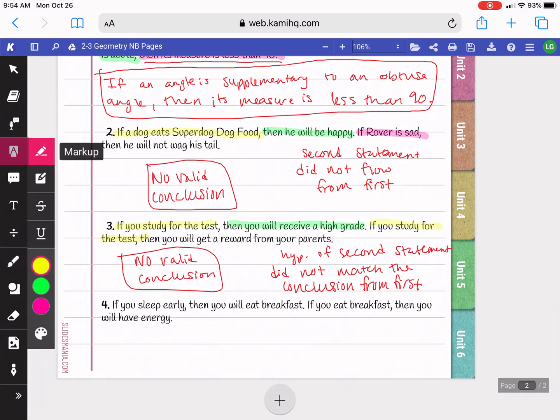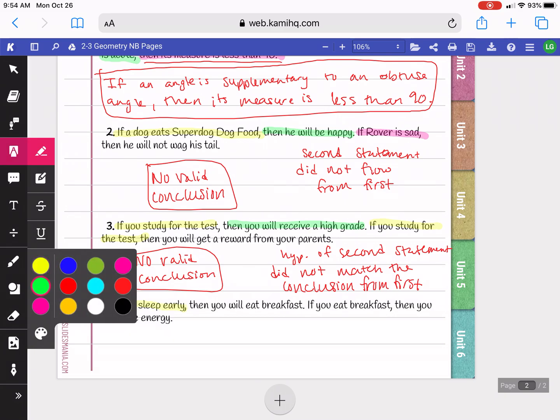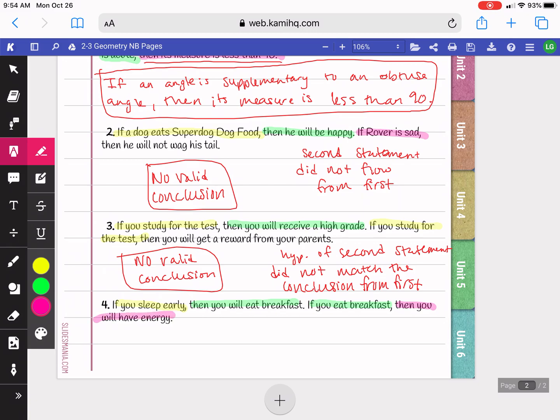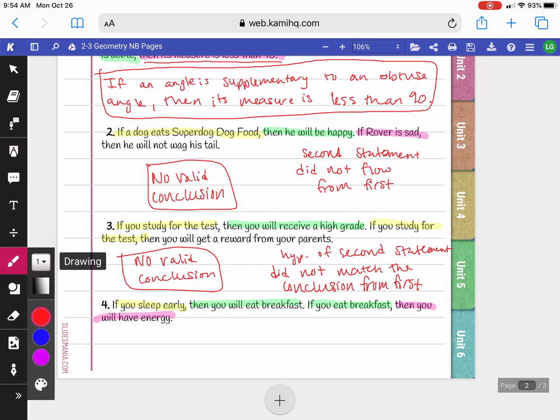Question 4. Our hypothesis is if you sleep early, the conclusion is then you will eat breakfast. Our next sentence starts with if you eat breakfast. So it's flowing. The conclusion of the first statement flows into the hypothesis of the next one. And then they make a new statement, then you will have energy. So because the conclusion of the first matched the hypothesis of the second, we can write a new statement that says, if you sleep early, then you will have energy.